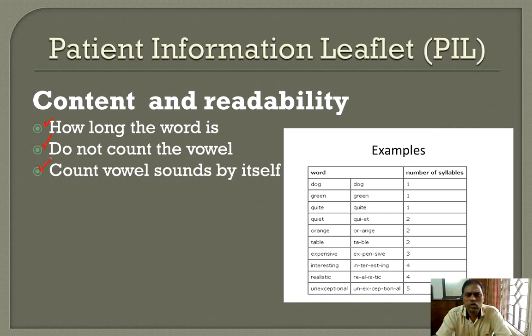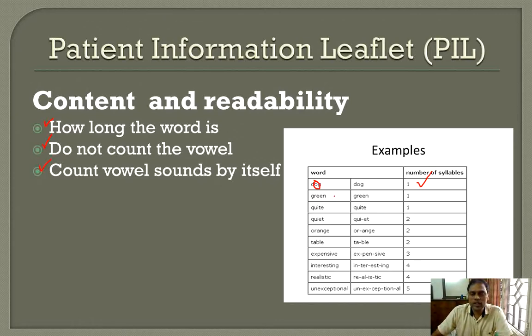Of course, most of the vowels sound like vowels when you spell or speak, but some may not. So here the examples are given. In dog, O is the vowel, right? Dog, O. When we are saying it, we say O, dog. So that is considered as one syllable.